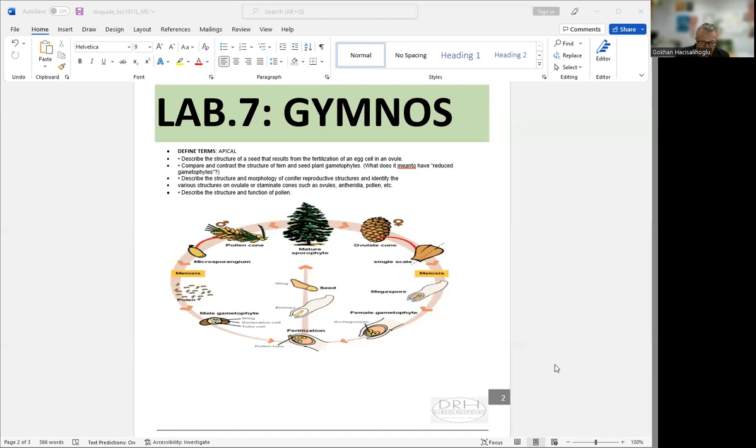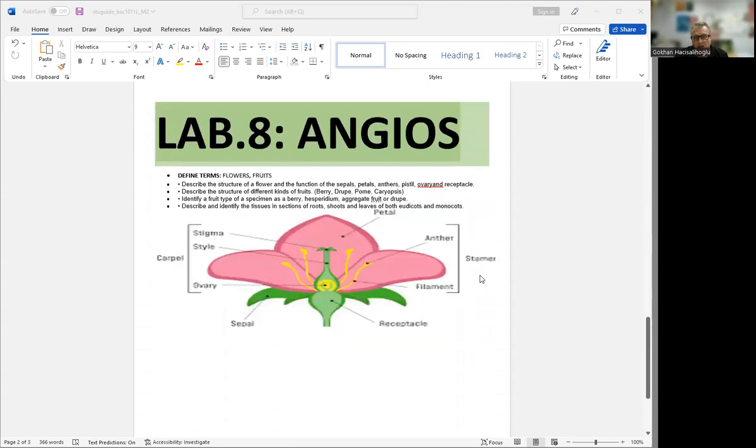Okay. Now the next is lab number 8, which is angiosperms. Angiosperms are also flowering plants, and the most typical part is the flower. The flower, as you see here, has 4 pieces: sepal, petal, stamen, carpel. Sepal is that green leaf-like structure.